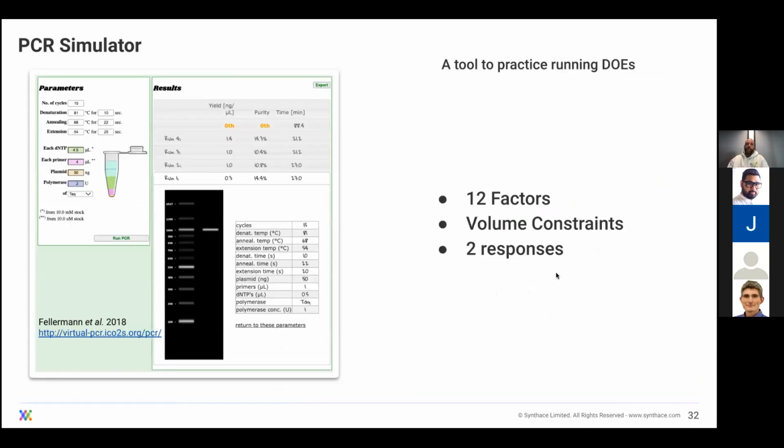So the final thing for me to do is to introduce you to the PCR Simulator, which is a tool that, in combination with a statistical software of choosing, lets you practice how to run DOEs from the comfort of your own home. This is the link where you can find the simulator, and it comprises 12 experiment factors that you can set in this parameters section. So the idea is that you generate a DOE design and then input the experiment set points into these parameters and hit run.